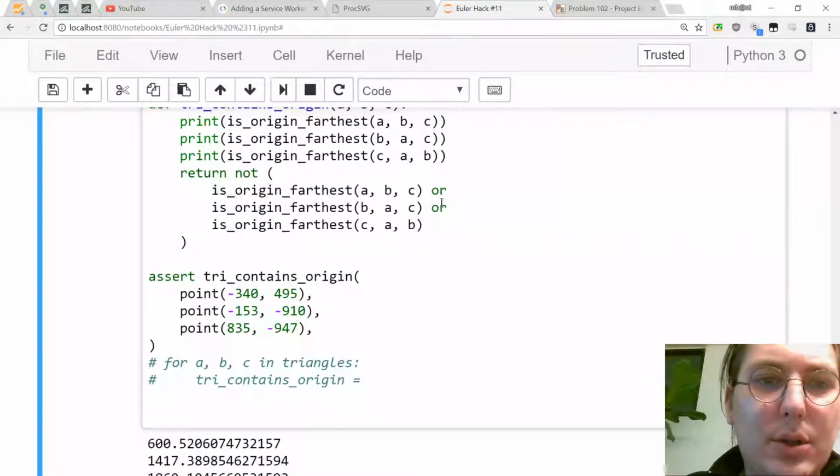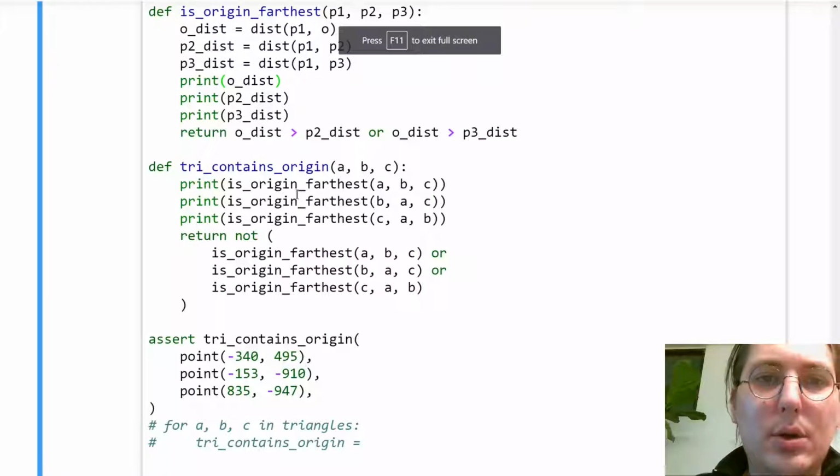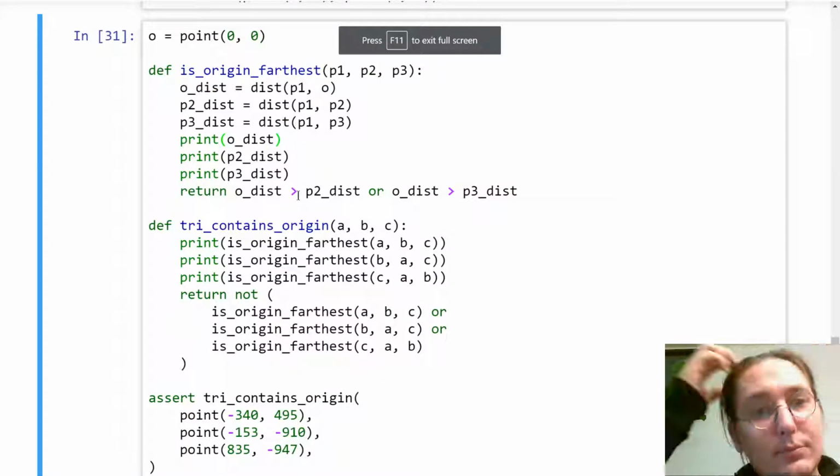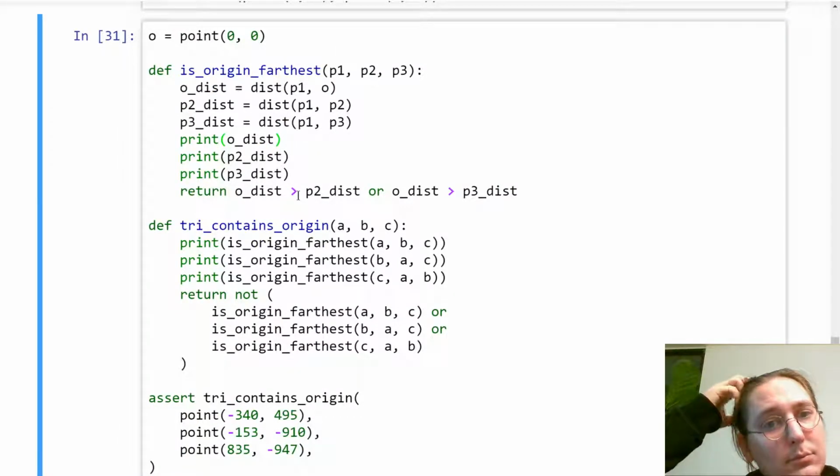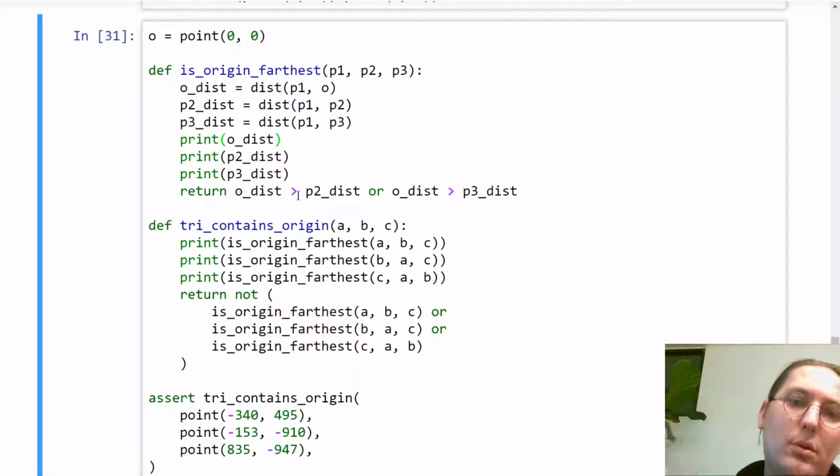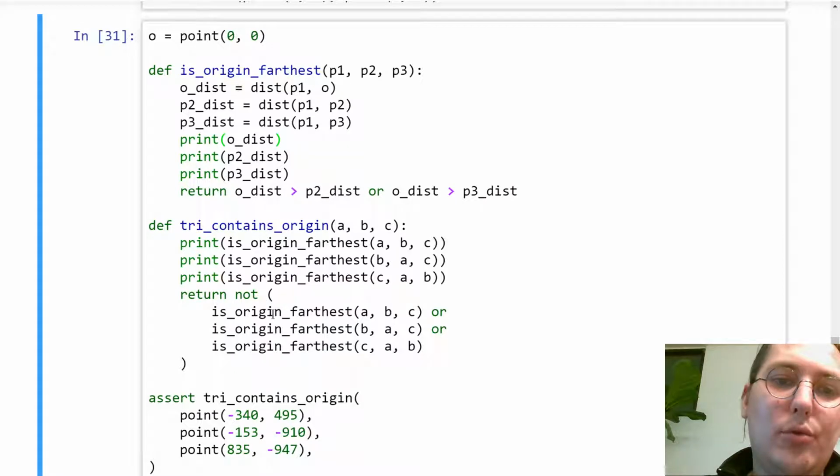But that is what our condition is. Any of them should be further. But which one do we have?